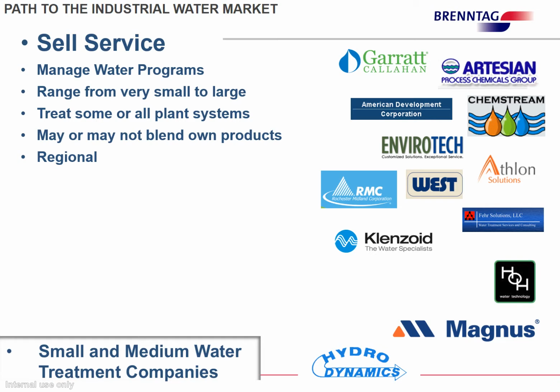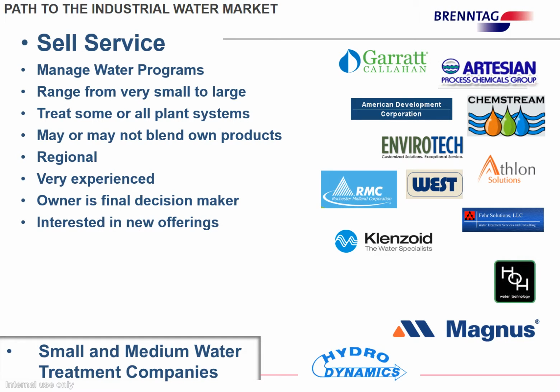They typically will tend to be regional in scope. Here they'll be very experienced. Many of these have come from the larger water treatment companies, having a number of years' experience in the water treatment industry. The owner is usually the final decision maker. They are always interested in any new offerings that you can bring to the table.